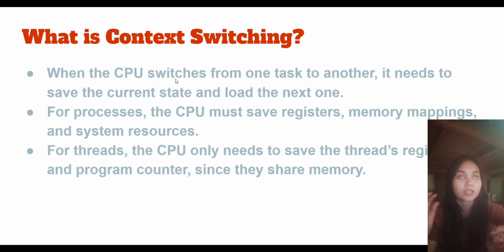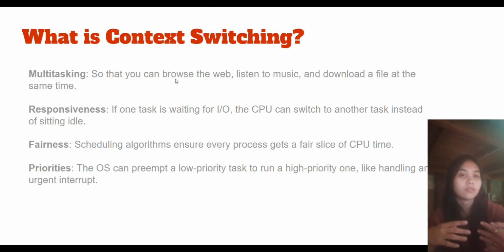For example, if one task is waiting for input-output, then the CPU can switch to another task instead of sitting idle. Next is fairness. So, yung scheduling algorithms na mentioned earlier, like yung round robin, ensure that every process gets a fair share of CPU time.